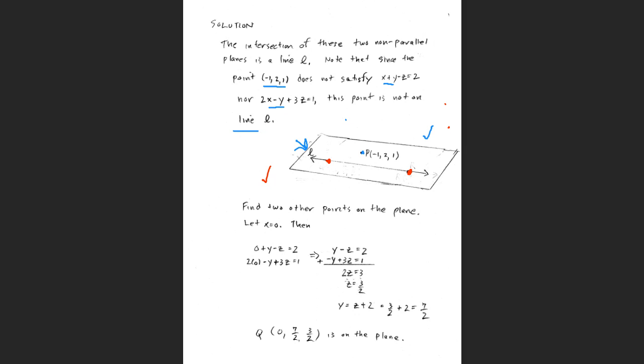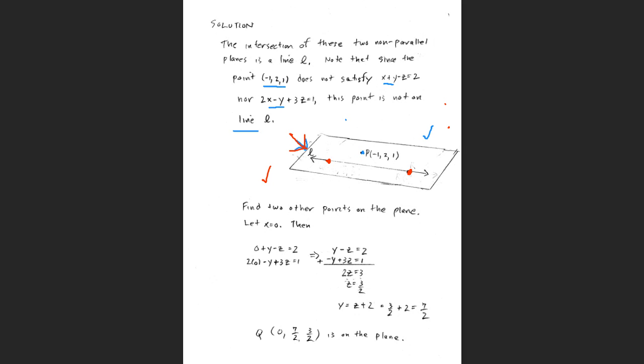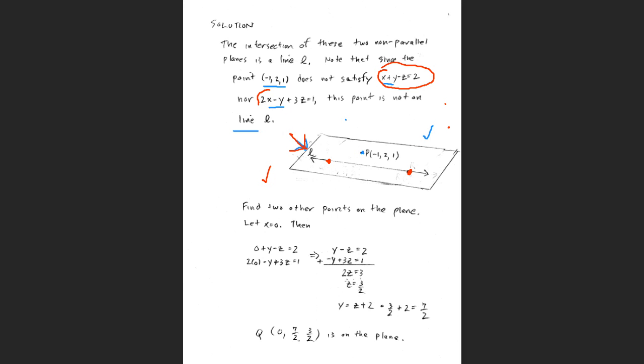This line L is the intersection of these 2 planes. One has equation x plus y minus z equals 2. The other plane has equation 2x minus y plus 3z equals 1.